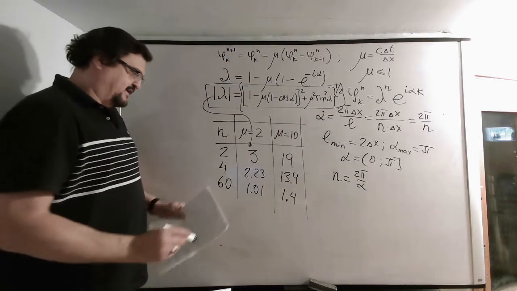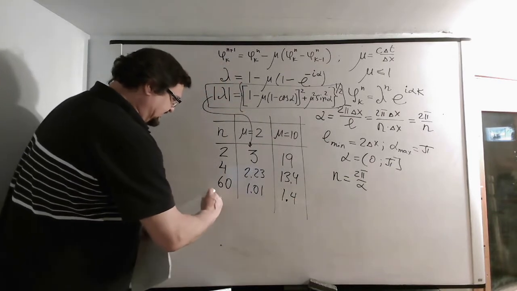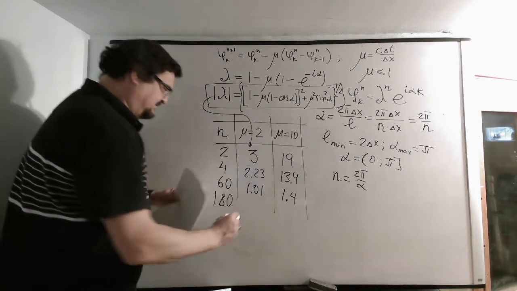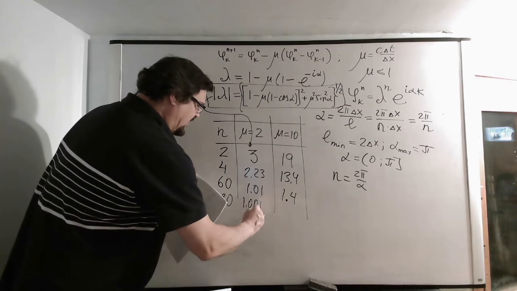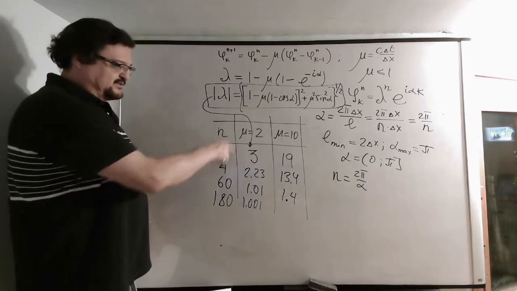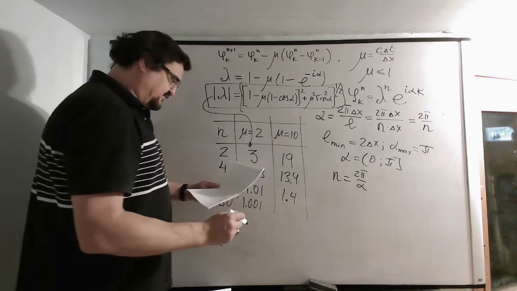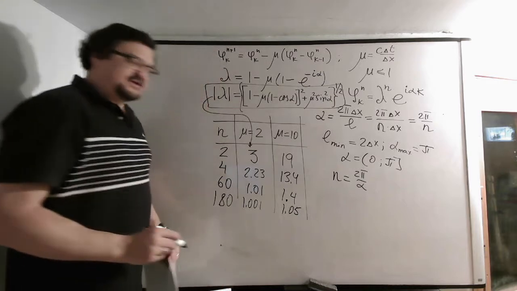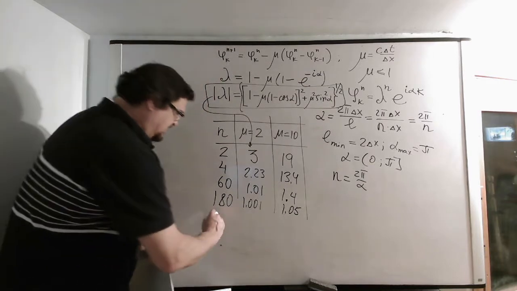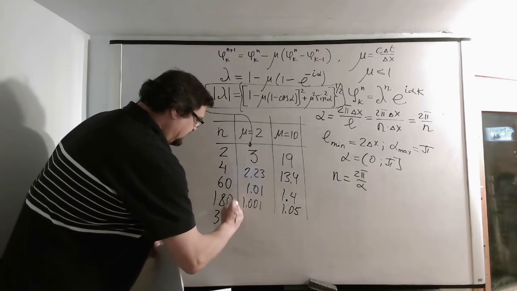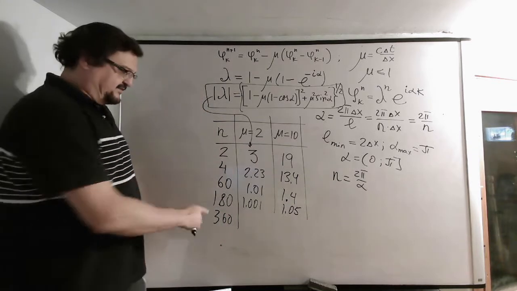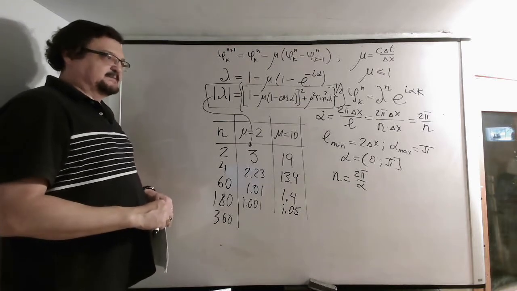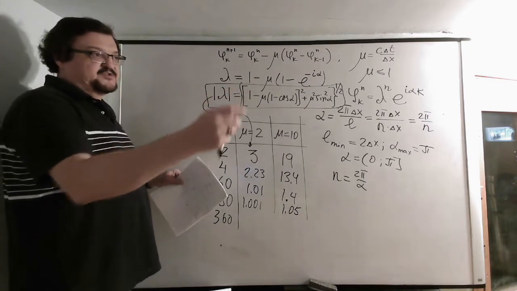It's 1.4. Now, how about waves of 180 delta x? Then this one becomes 0.01. You see how small it is for mu equal 2? And for mu equal 10, it's 5%. Well, it's becoming much better. And for 360, say, for our 1 kilometer grid, these are long waves, like a 360 kilometer phenomenon.